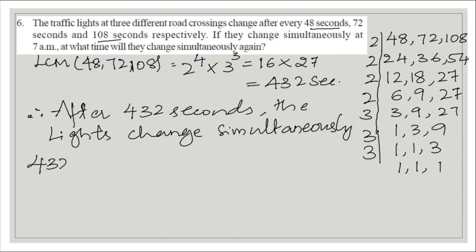What is 432 seconds? 432 seconds is the same as 7 minutes 12 seconds, because 7 multiplied by 60 is 420, and 420 added to 12.